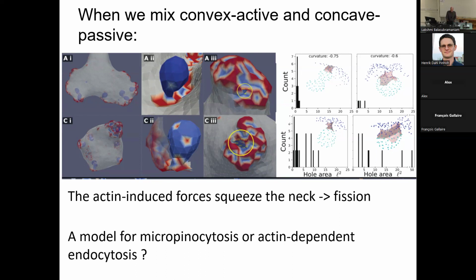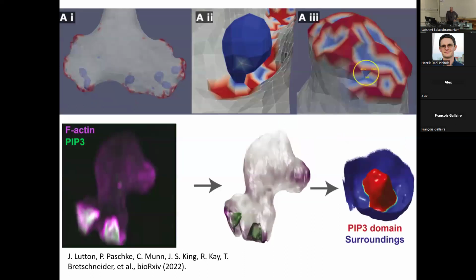So is it like a very primitive model for macropinocytosis or actin-dependent endocytosis? I can just show you nice pictures that come from the group of Rob Kay and Till Bretschneider. Till is from Warwick and Rob is from here, from Cambridge.